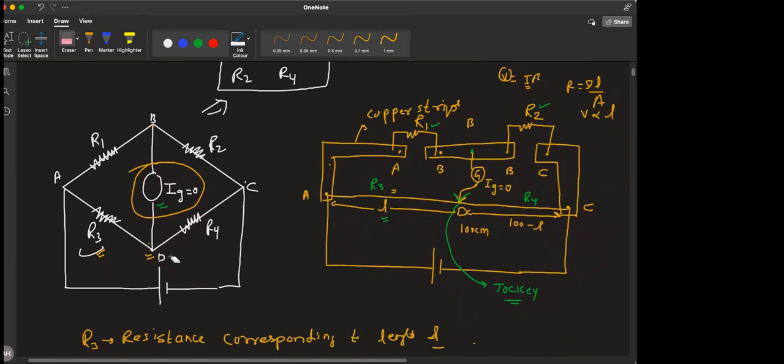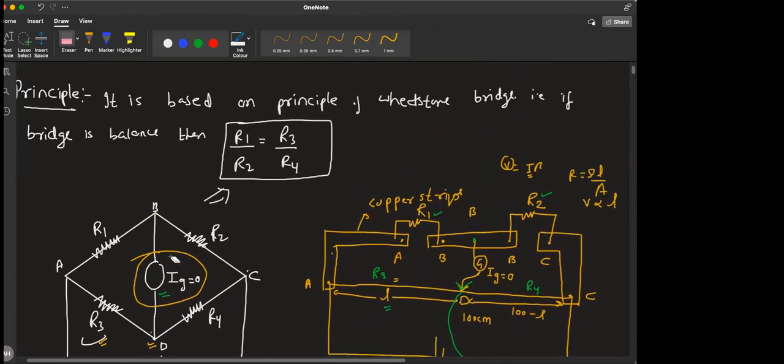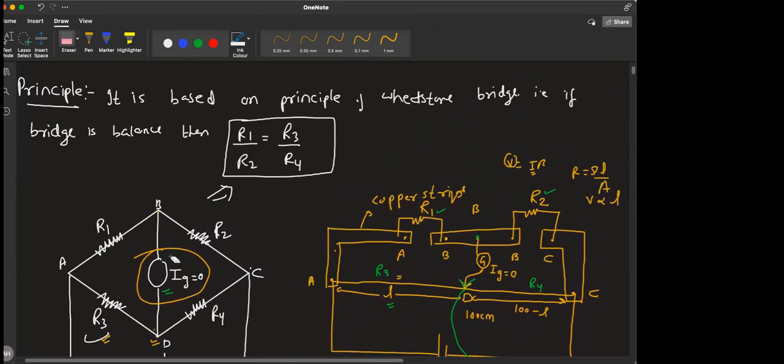Nabil Khan, any doubt on this topic? No, sir.